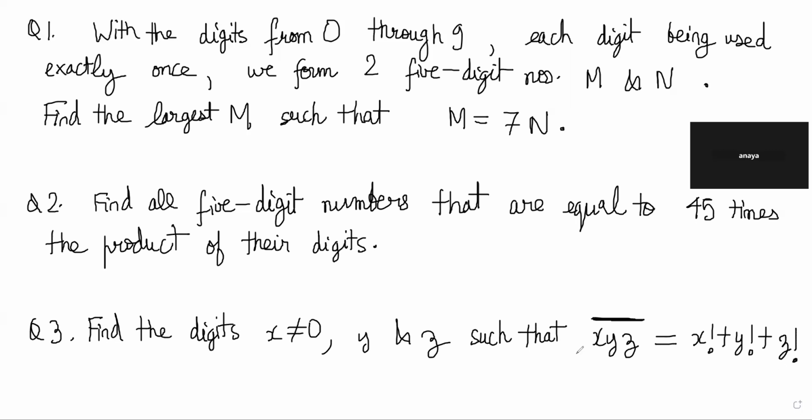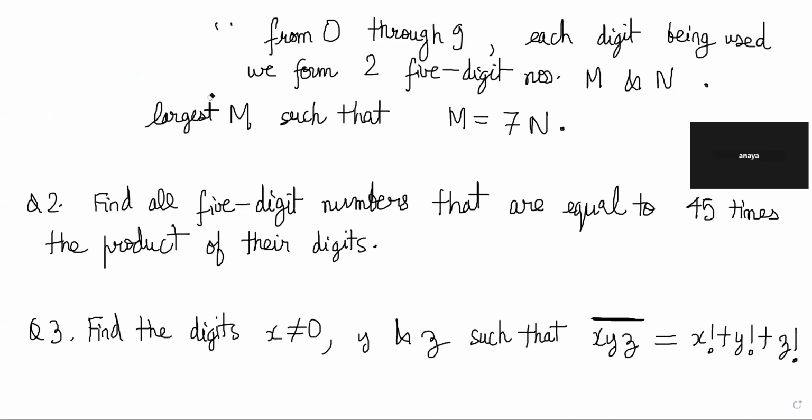The bar on top denotes that it is a 3-digit number xyz. So you have to find the digits such that this is possible. Have you written down this question? Okay, you have written down the first one for sure, right?